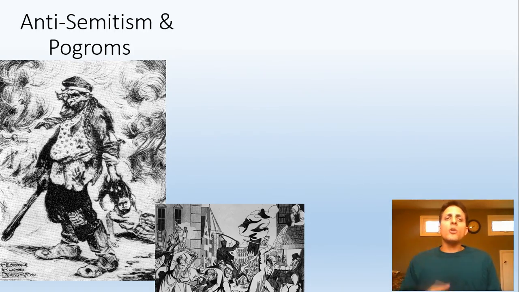Eastern European Jews also come for economic opportunities, but they're also coming because they're facing heavy religious persecution and discrimination in Eastern European society. There's very prevalent anti-Semitism, and in places like Russia, they're going to experience pogroms, which are government-sanctioned murders of Jewish people in their communities and towns.